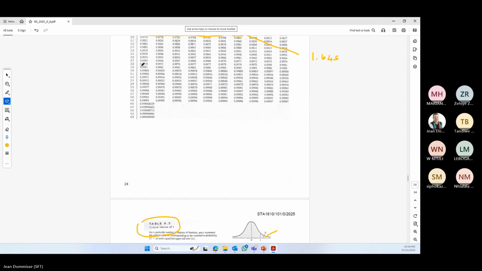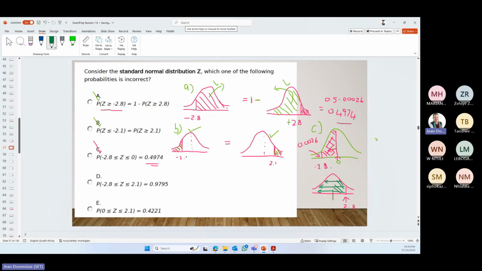So 0.9974. And then what we needed to do was subtract the 0.5. And that would have also given us 0.4974.